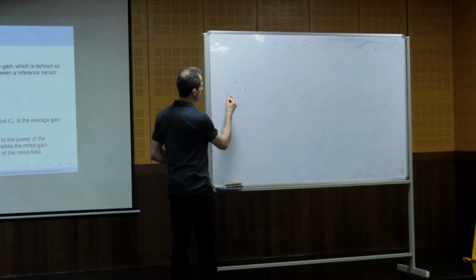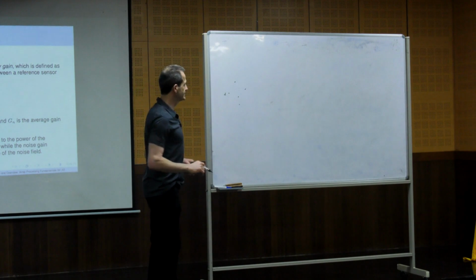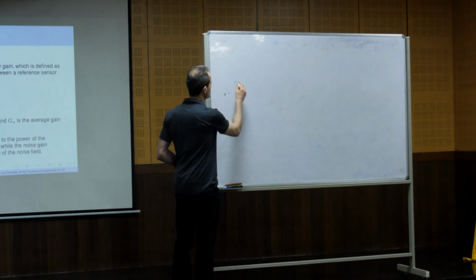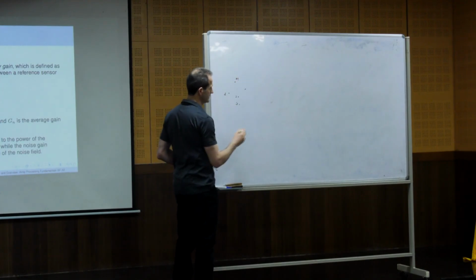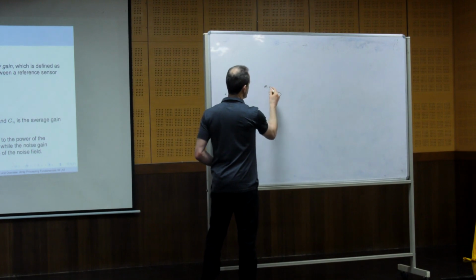We can call one of the sensors number 1, then count them 2, 3, and so on until we have M sensors. So usually we have M inputs.